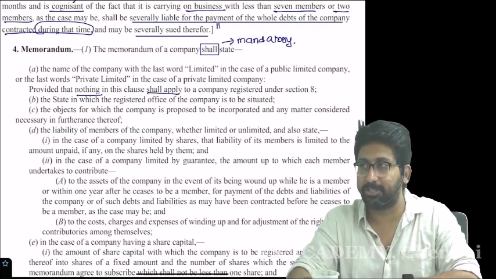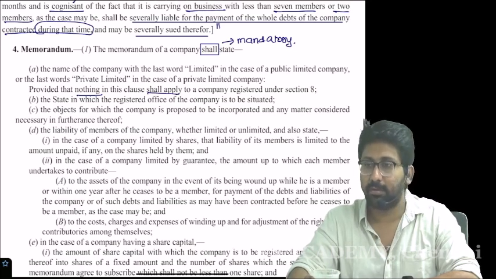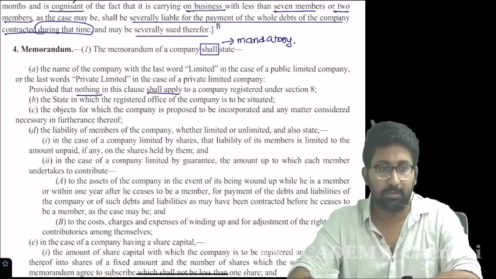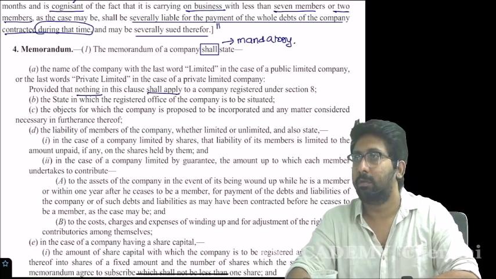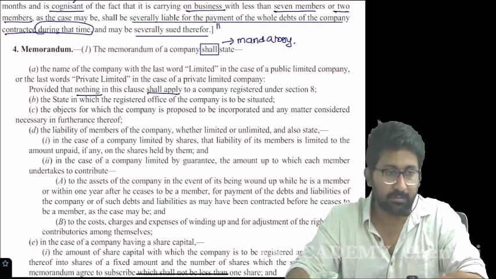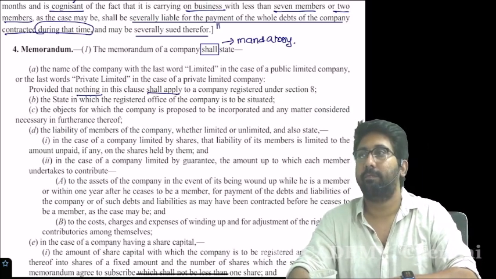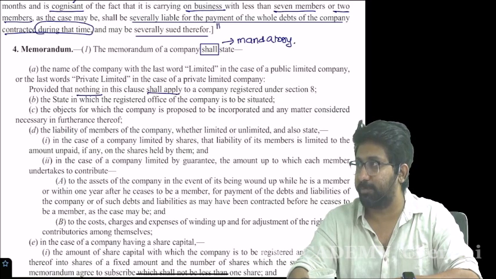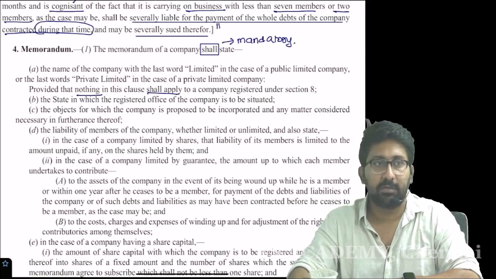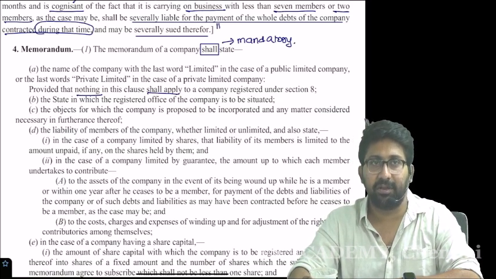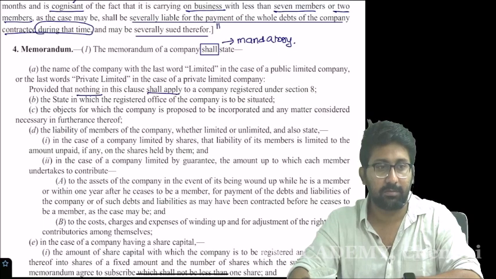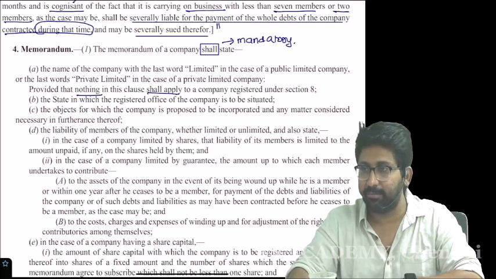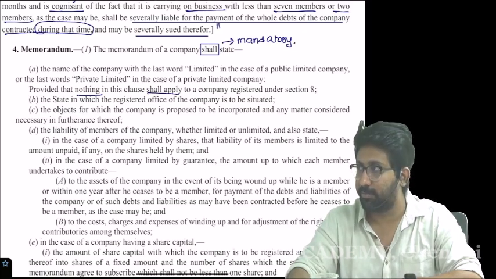Okay? Close the quotations. Full stop. Continue. This means the section is mandatory. Okay? Full stop.